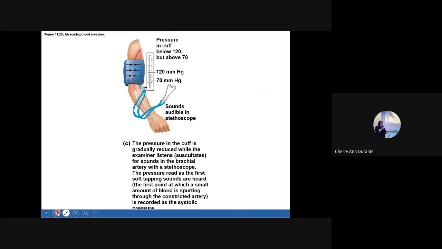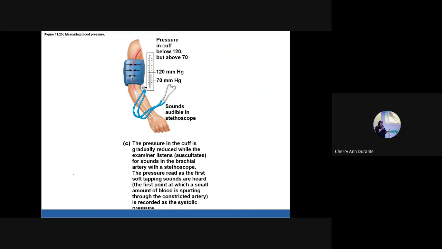And that sound actually is known as your Korotkov sound. Yan ang sound ng blood pressure. We call that your Korotkov sound. Wait lang, ayusin ko itong aking... Korotkov, I'm gonna write it down.